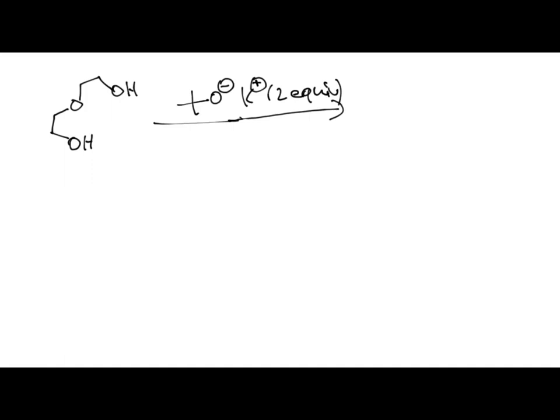Now, this will take off this proton, and this happens twice. Okay, so what we are getting is this thing. Does that make sense? So we just deprotonate the whole thing.